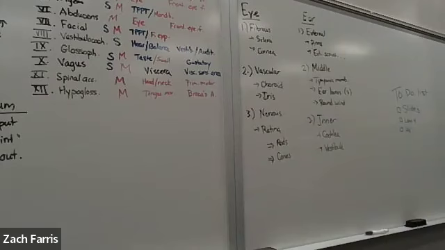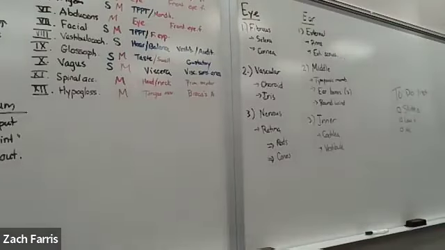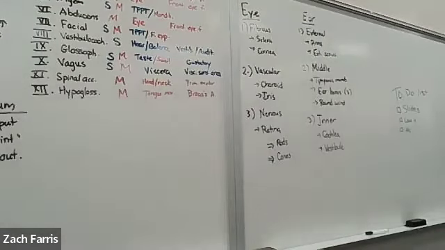What anatomical structure of the eye is best associated with cranial nerve number 2? What structure of the eye is best associated with cranial nerve number 2? What's cranial nerve number 2? Optic. Processes what? Where do we process vision?